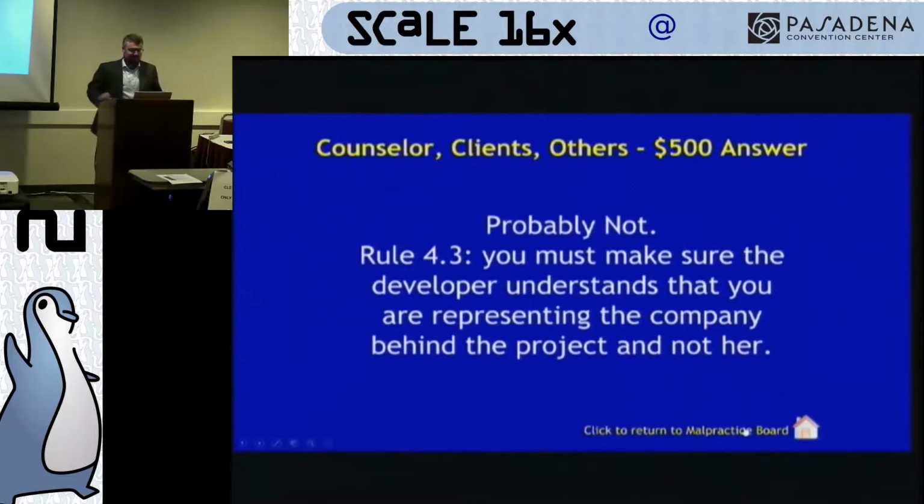Okay. I kind of, yeah, probably not. You must make sure that they understand you're representing the company behind the project and not the developer. The way that I like to think about this is, if the person is unrepresented, you need to tell them, I'm a lawyer, I'm representing the other side. But then you need to have a conversation with them about what's going on.